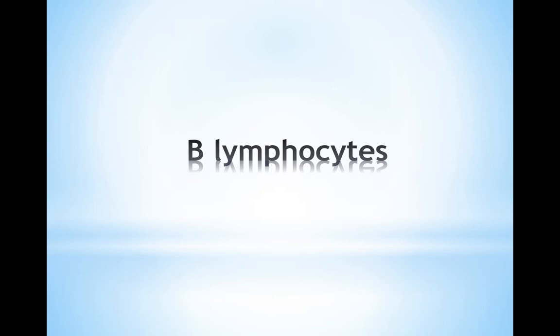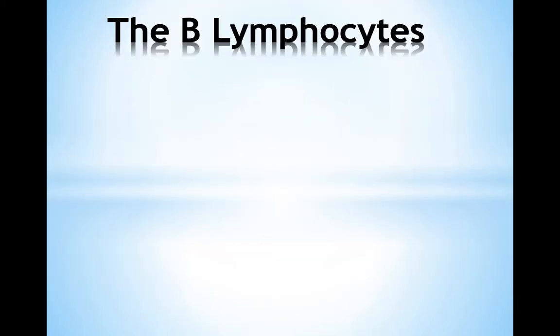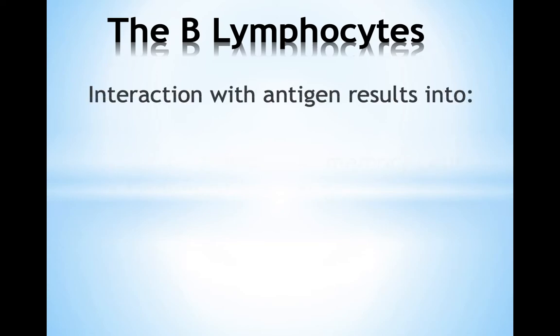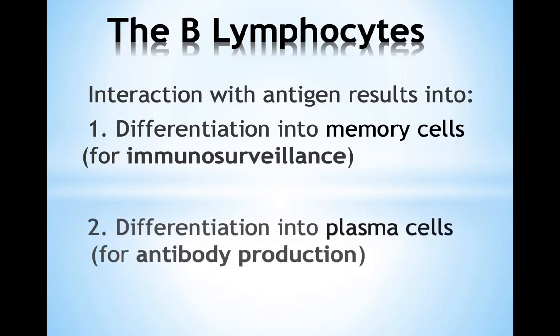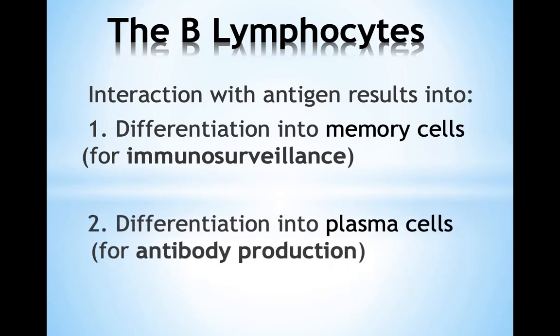So B lymphocytes primarily interact with foreign antigens in order to do several things. Their interaction with foreign antigens is either important for immunosurveillance: after antigens interact with your B lymphocytes, they may differentiate as memory cells, important for immunosurveillance, and also they may differentiate into plasma cells, for antibody secretion, for antibody production.